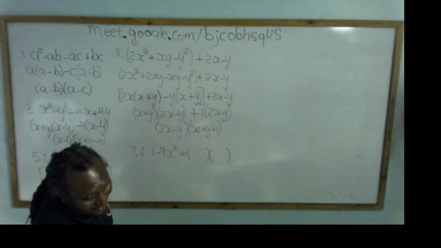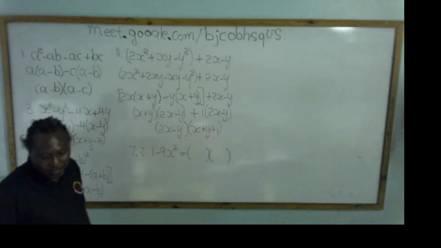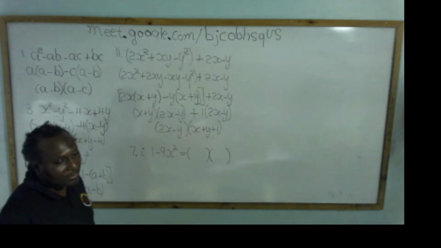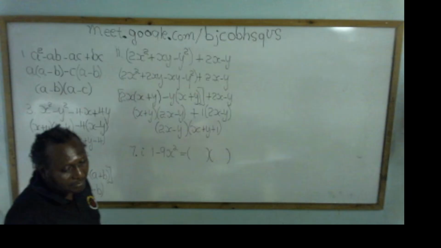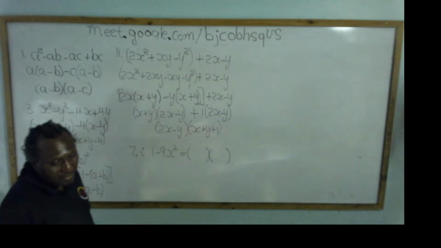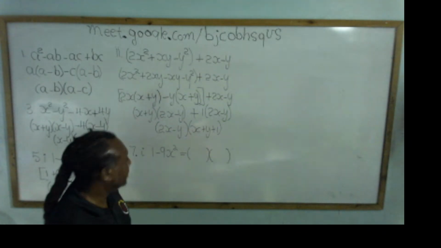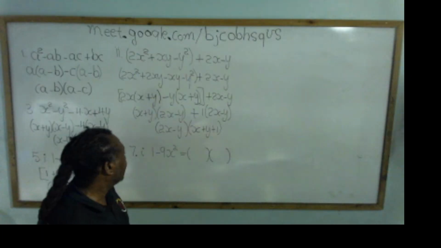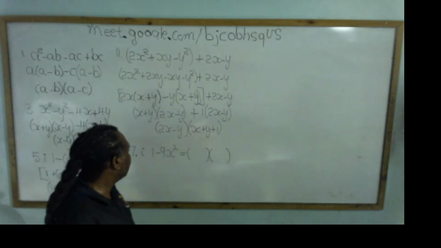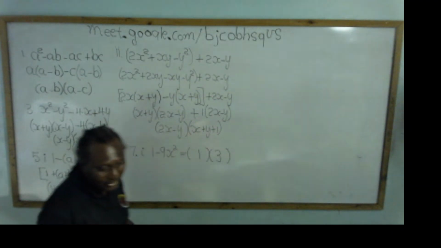No answer? So one of the factors is 1 and the other one is 3. That's what you said.